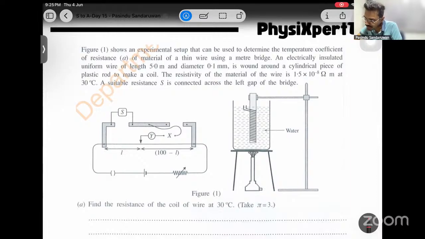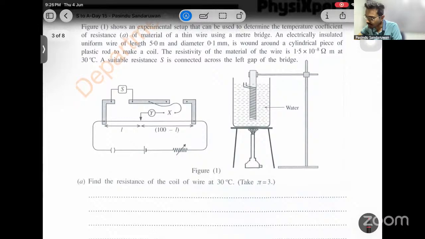An electrically insulated uniform wire of length 5 meters and diameter 0.1 millimeters is wound around a cylindrical piece of plastic rod to make a coil. The resistivity of the material of the wire is 1.5 times 10⁻⁸ ohm meters at 30 degrees Celsius. A suitable resistance SC is connected across the left gap of the bridge. The circuit is given.